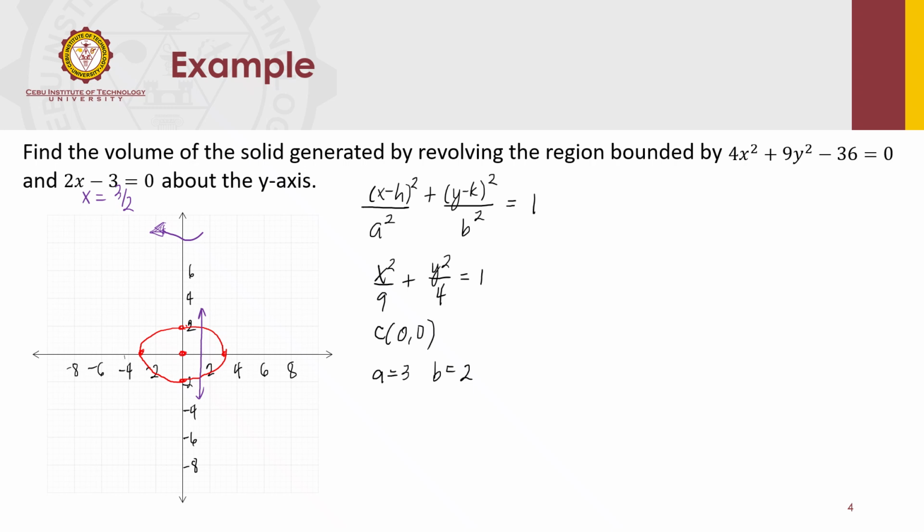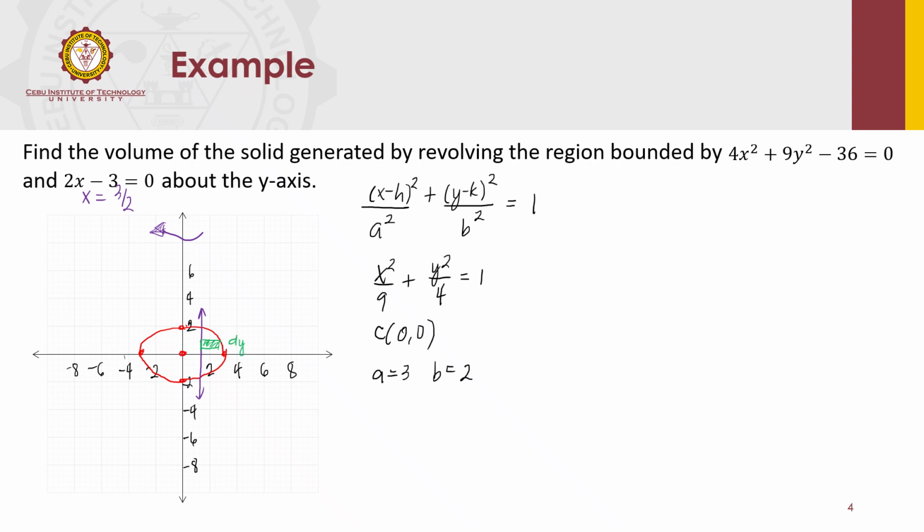So for the horizontal strip, the left end is the line and the right end is the circle. So this is the horizontal strip with thickness dy.